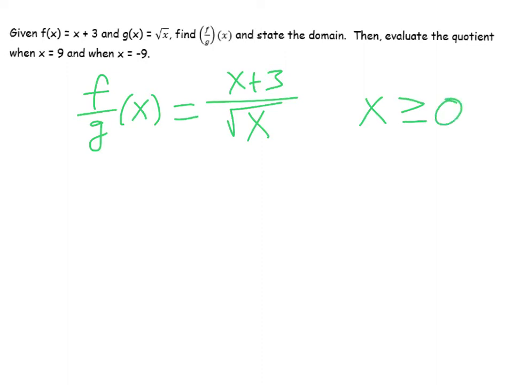But this one's even a little bit unique in that it's a square root on the bottom of a fraction. And the other number that's an issue on the bottom of a fraction is 0. So I actually need to go right here, and where it says greater than or equal to 0, I have to get rid of the equal sign. Okay, 0 is not going to work either. I would be fine taking the square root of 0.